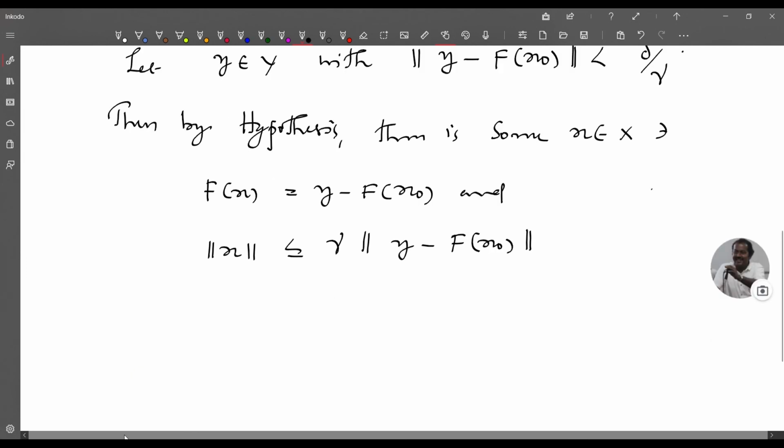Then, since f of x is equal to y minus f of x naught, y is equal to f of x plus f of x naught.